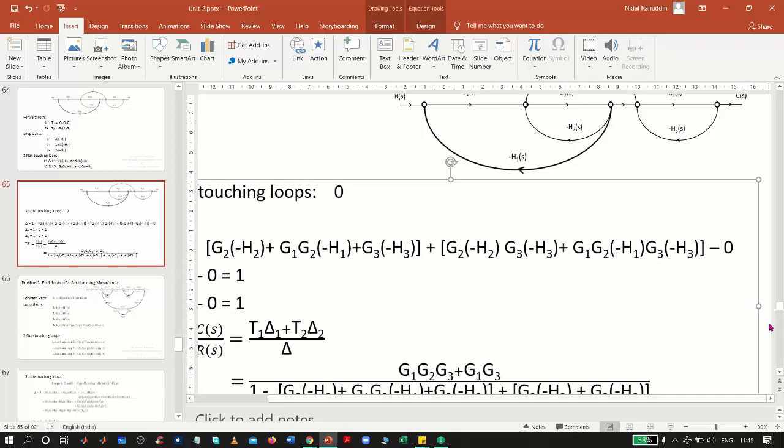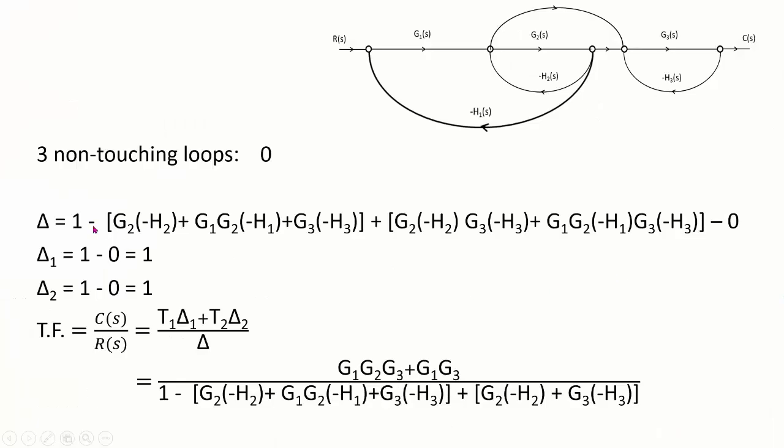So you have 1 minus the sum of individual loop gains, then you add the gain products of two non-touching loops. This corresponds to one loop, this corresponds to the second loop. They will be multiplied, then summed with the second pair. So this is loop 2 and this is loop 3. They will be multiplied and you have a summation of.